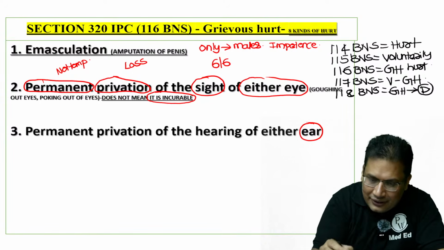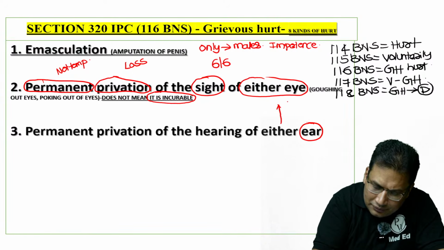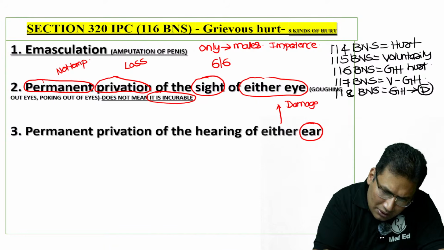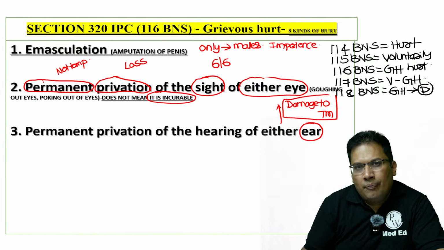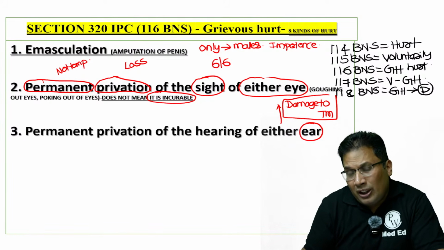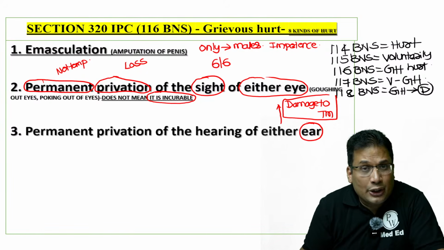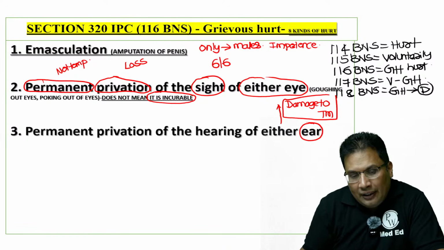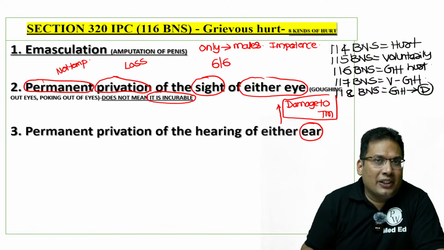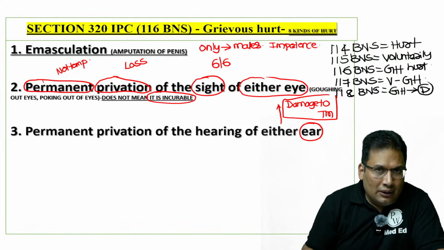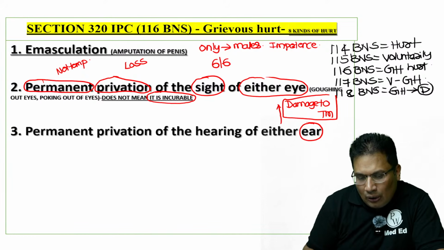One example is damage to the tympanic membrane. The tympanic membrane is a part of the outer ear. When there is a perforation, that can lead to deafness. Again, it doesn't mean that it is incurable. Okay? So this is the clause number 3.